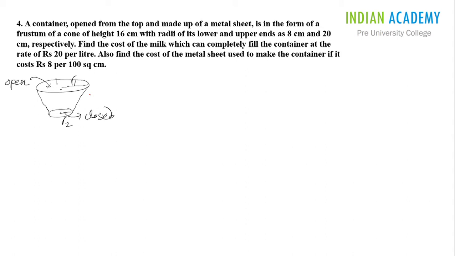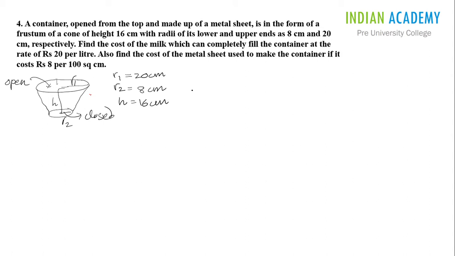And let's consider the height of the container as h. Let's write the given data. R1, the radius of the upper end, is 20 centimeter. R2, the radius of the bottom end, is 8 centimeter. And the height of the frustum is 16 centimeter.